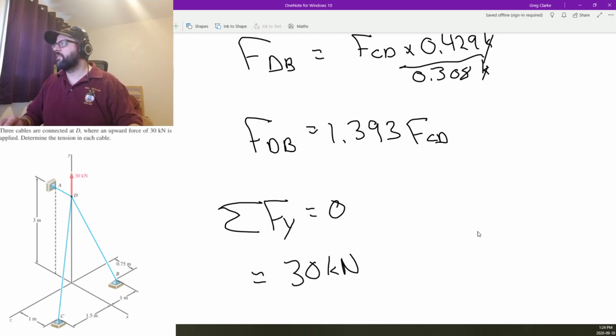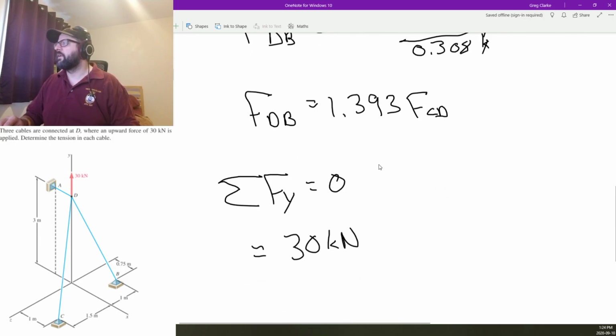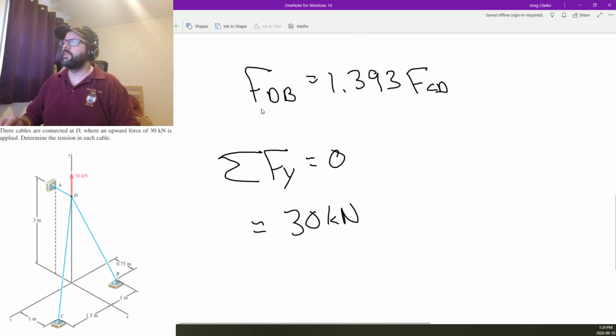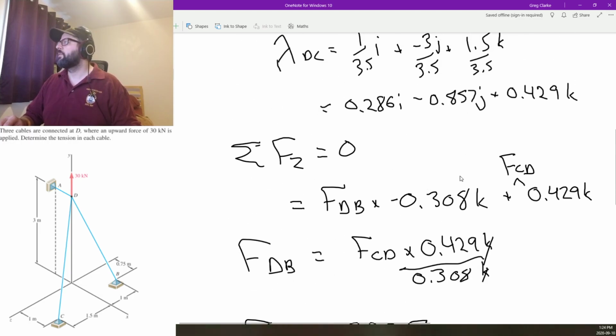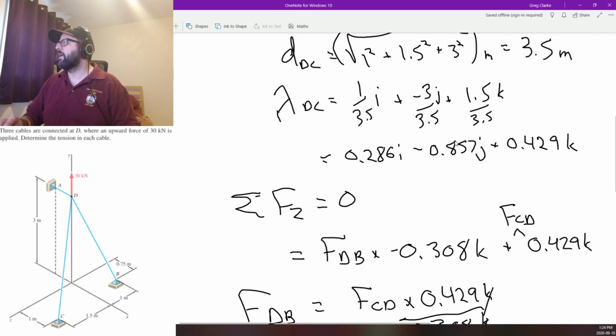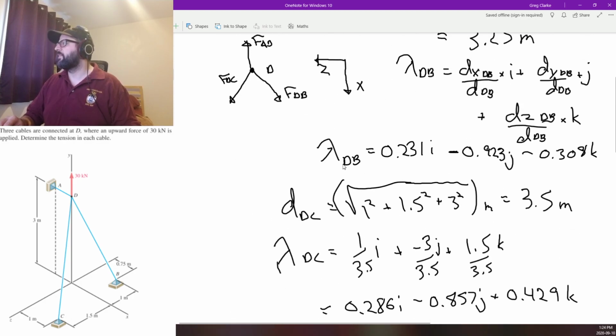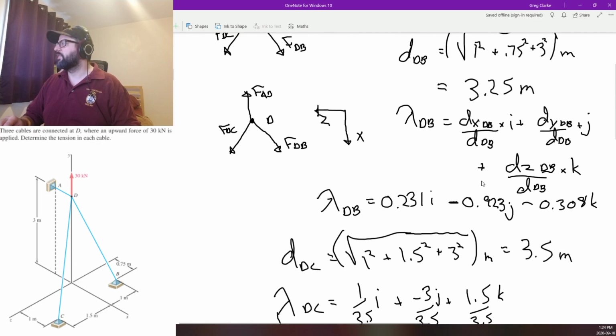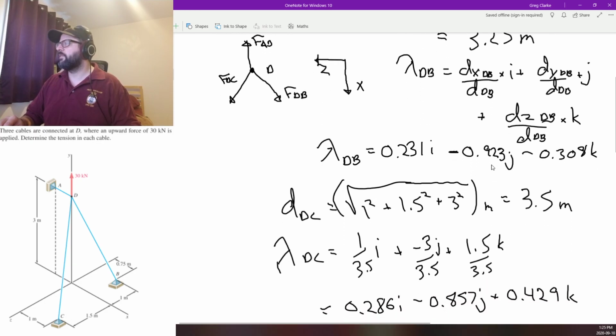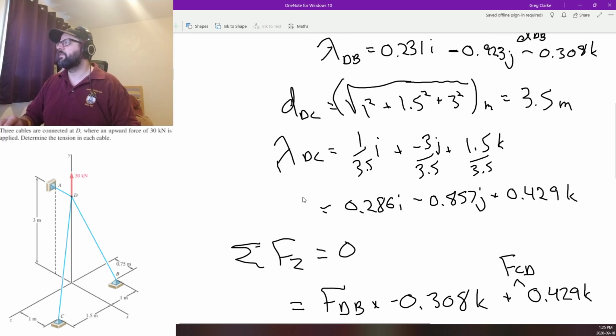And then we've also got the y components of FDB and FCD. We find those by taking FDB and multiplying it by the j component of its unit vector, and do the same for FDC.